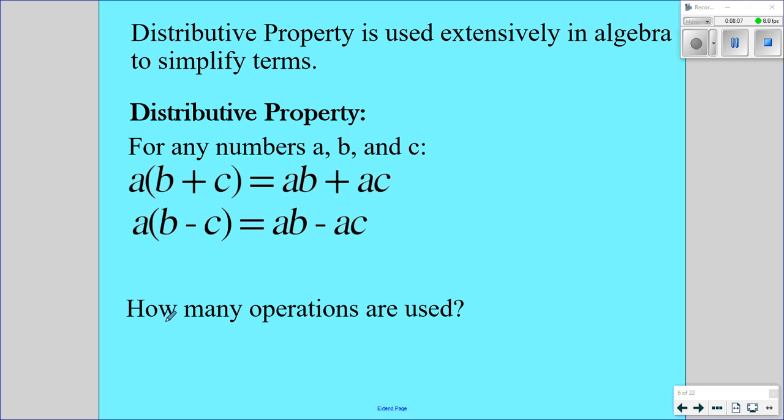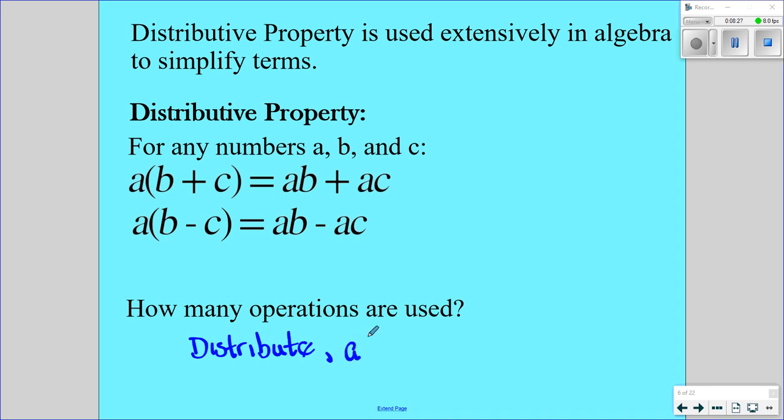So the question is, how many operations are used? Okay, let's see. The first thing you did was distribute. And then you're either going to add whatever you have or subtract.